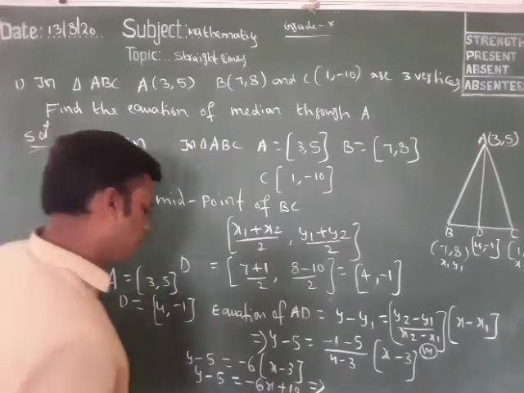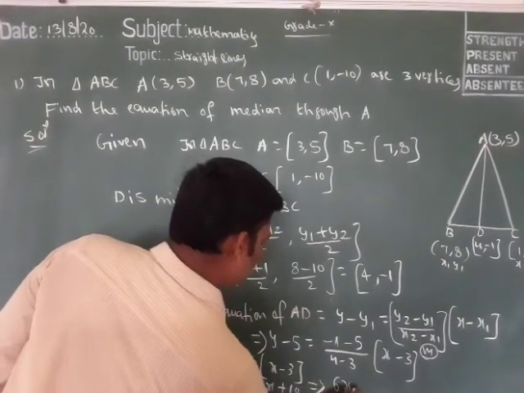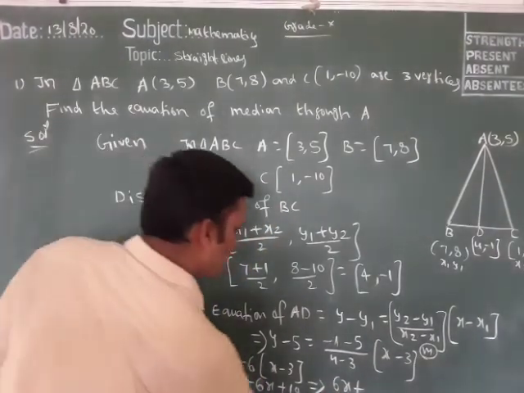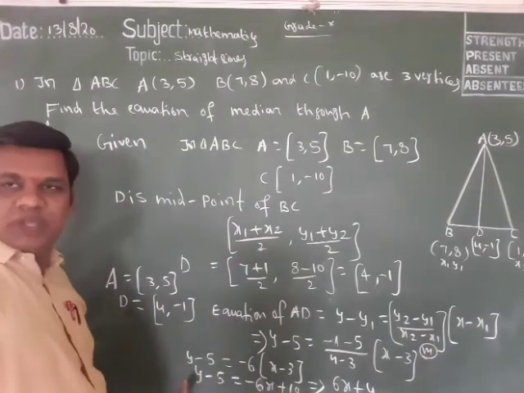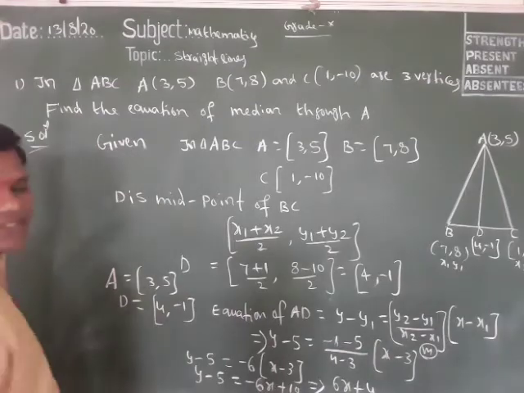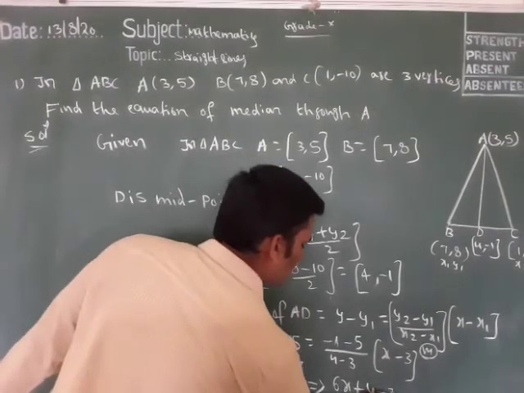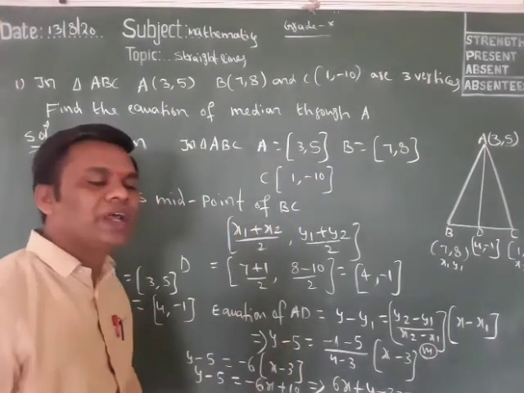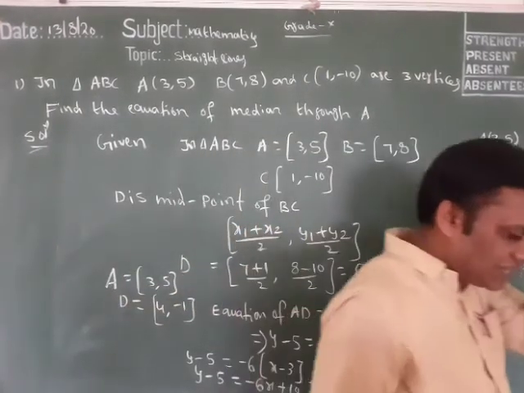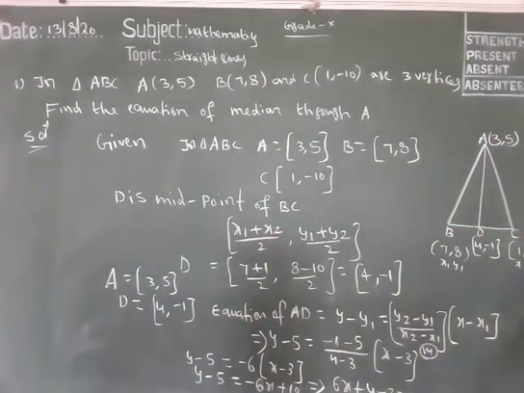After transposing, 6x plus y minus 5 minus 18, that is minus 23, equals 0. So the required equation is 6x plus y minus 23 equals 0.